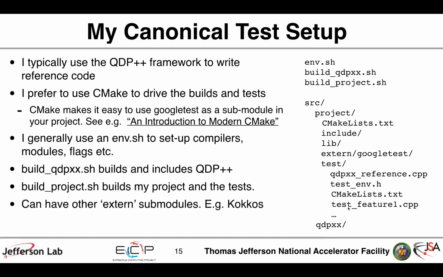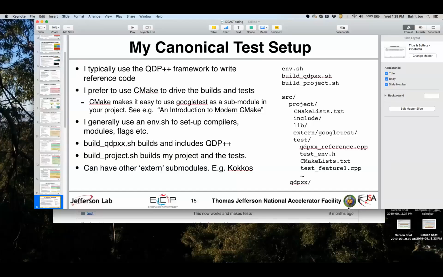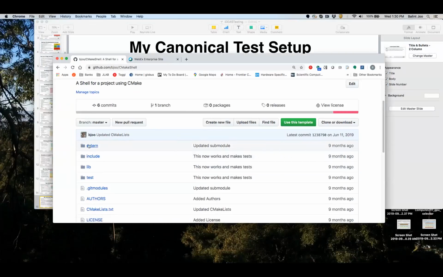So I have a little GitHub repository, which I have not made public primarily due to the fact that I use things from An Introduction to Modern CMake, and I haven't figured out the licensing aspects. But it looks something like this. I have it on screen. I call it a CMake shell. And you can look in the external directory.